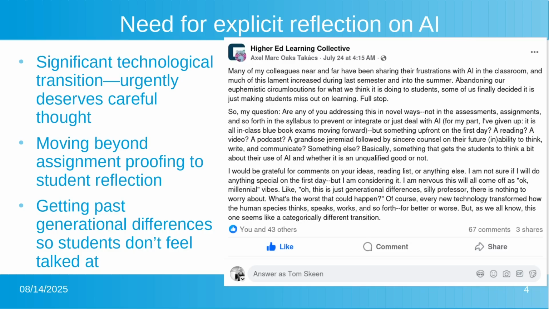Getting past generational differences so students don't feel talked at, I think that's important as well. It's very easy for different generations to misunderstand each other a little bit. I think a lot of professors these days, if not almost all of us, did not grow up with any AI. Probably all of us still did not grow up with any AI if we're teaching in a college classroom at this point.